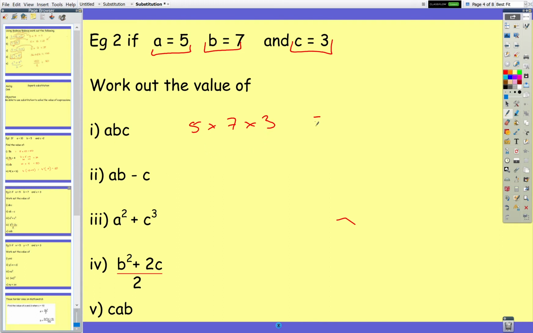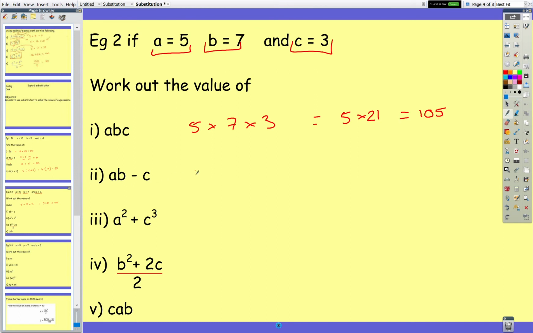Now the trick is you do 5 lots of 21, and the trick here is times it by 10 and then halve it. So if we times 21 by 10, that gives me 210. Halve it gives me 105. No calculator needed for questions like these. You can use your mental arithmetic for them.